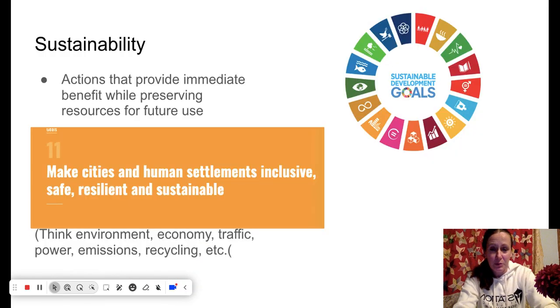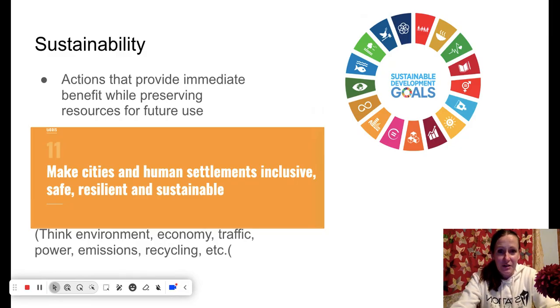So let's spend a little bit more time on sustainability. These are actions that provide immediate benefit while preserving resources for future use. So it's not like you're all just doing things so that it's better in the future. You're still receiving positive benefits for the time being. It could be composting or even just recycling.